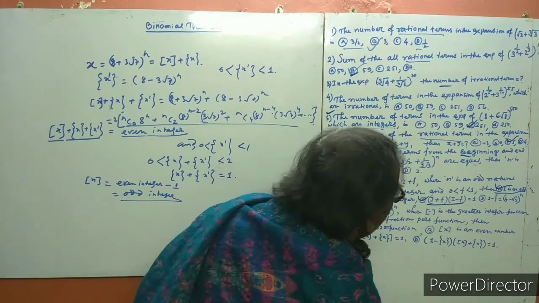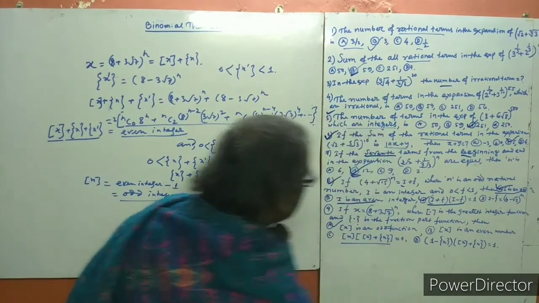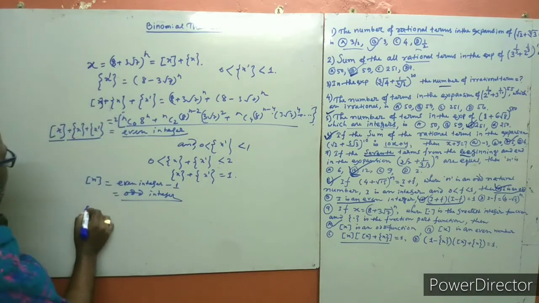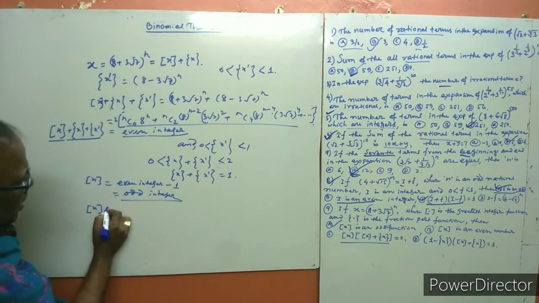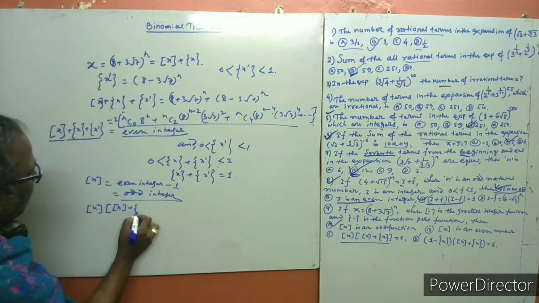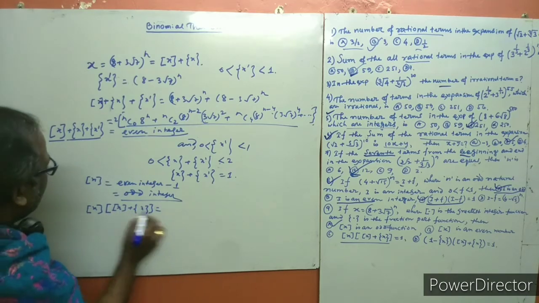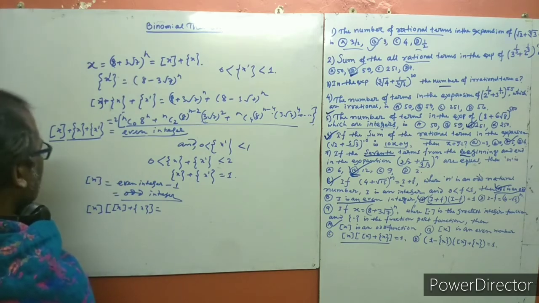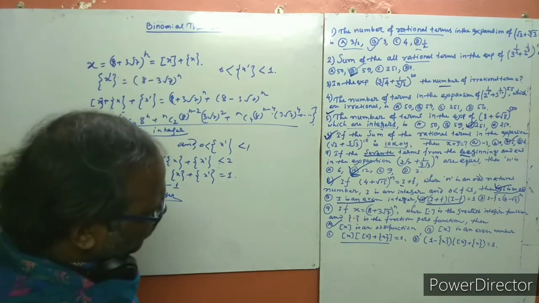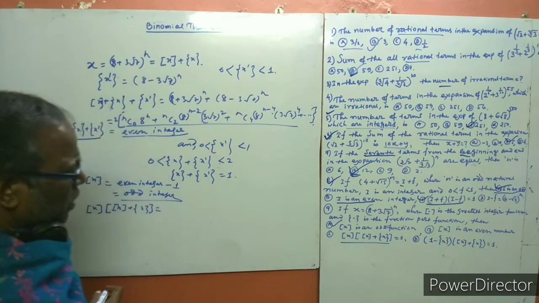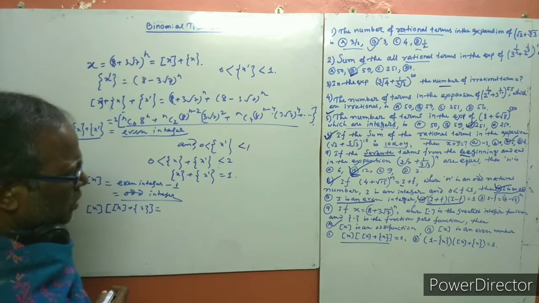Now we have to show that this product is 1. See, this is box x and fraction x.